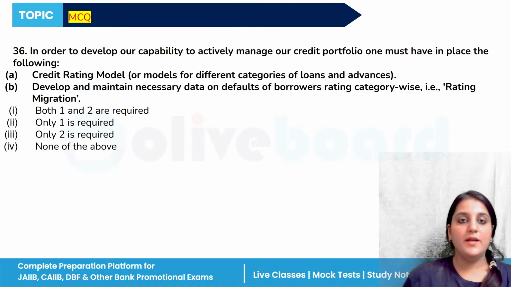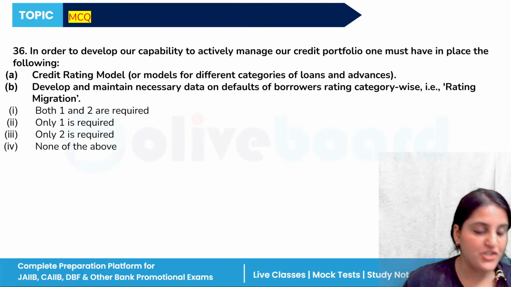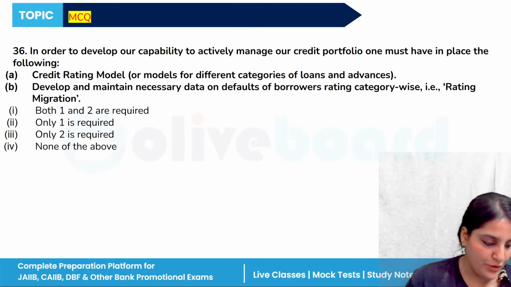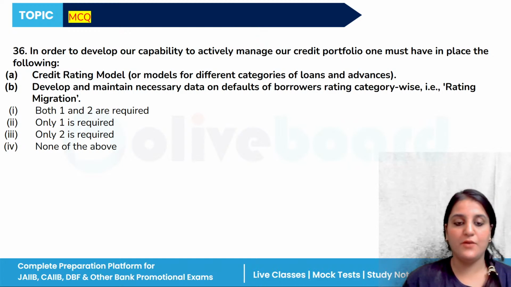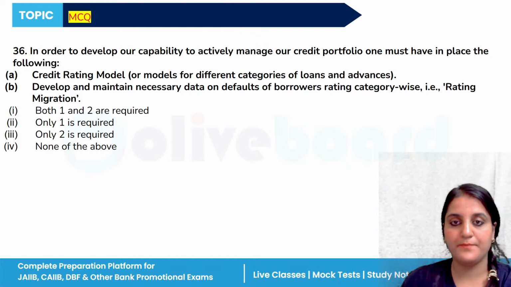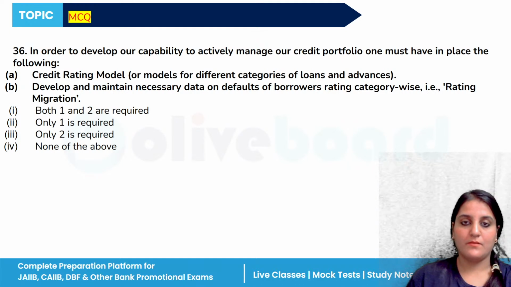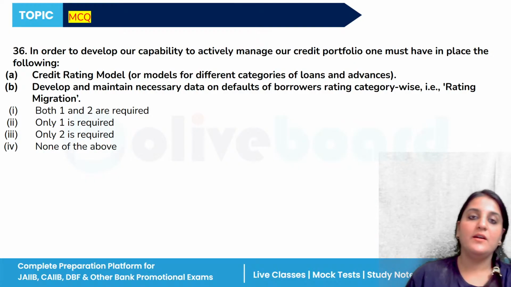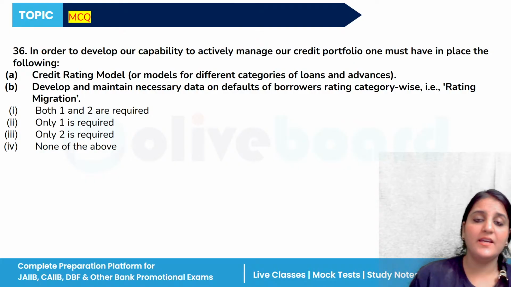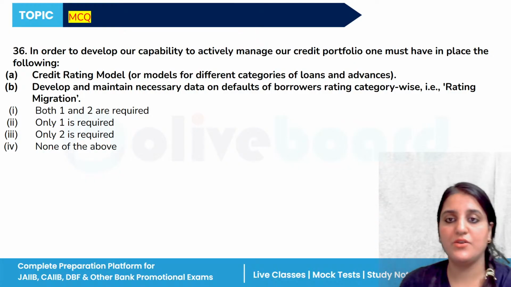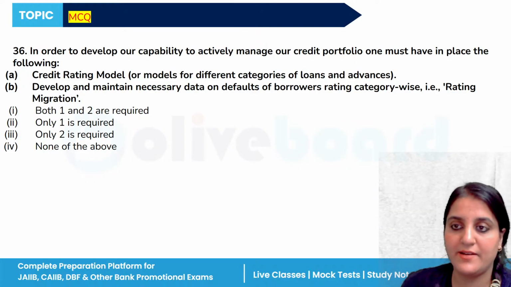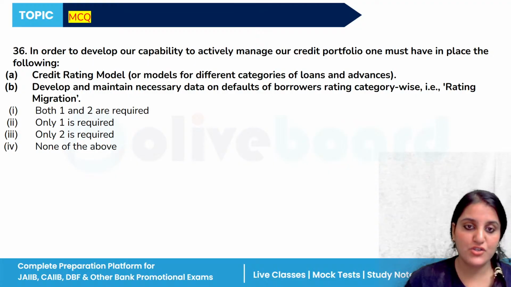Next question. To develop our capability to actively manage our credit portfolio, one must have in place the following. The four options are given here. Credit rating model, and developing and maintaining the necessary data on defaults of borrowers and rating category wise rating migration.